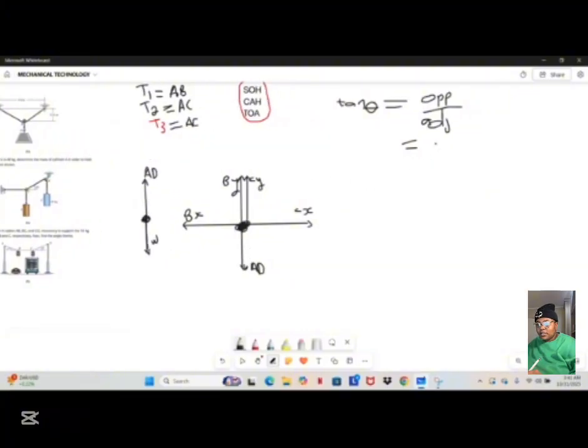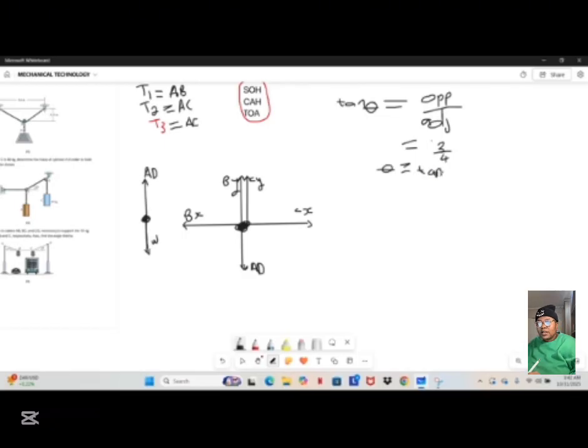So solving for theta, we are going to have the inverse tan function with the opposite and adjacent that we have. Okay, right, so we are here so far.